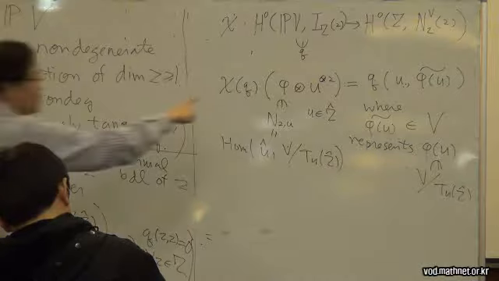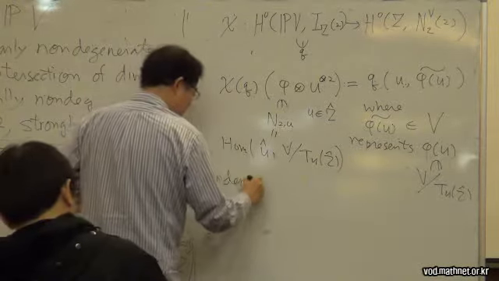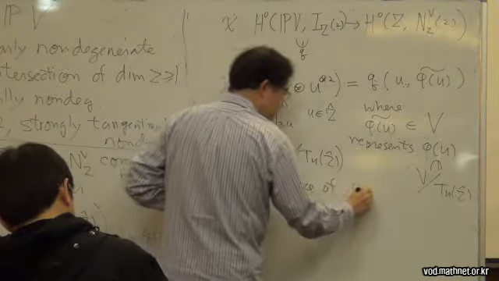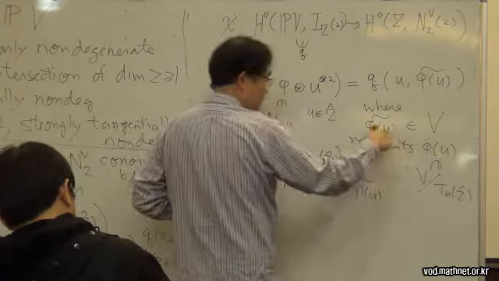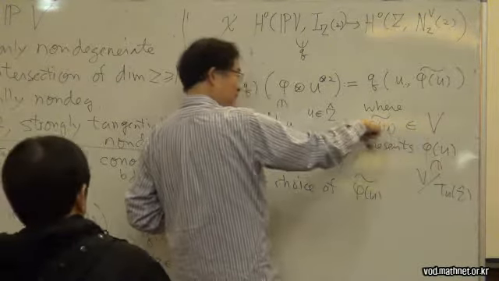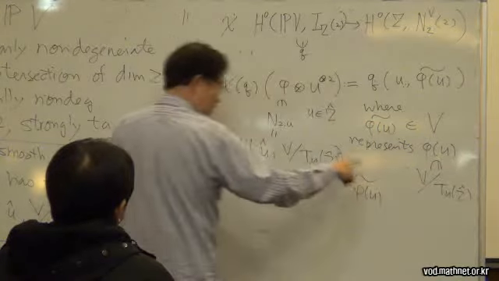And here, this definition is independent of the choice of phi U. So this is an element representing this, but you can choose many different such elements modulo here.